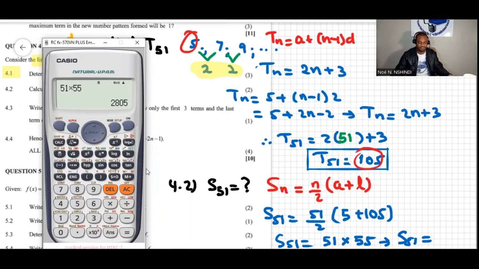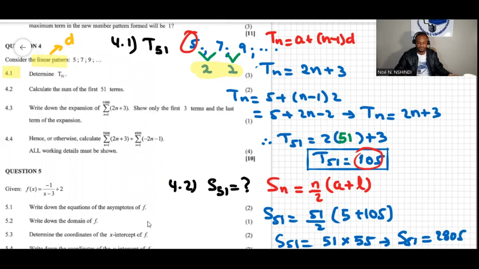You get the same answer, because I prefer to simplify my work instead of just punching numbers in the calculator. You can check it out here: 51 over 2, open brackets, 5 plus 105, close brackets, and then when we hit equal, you get the same answer, 2805. That's S51, I mean to say.